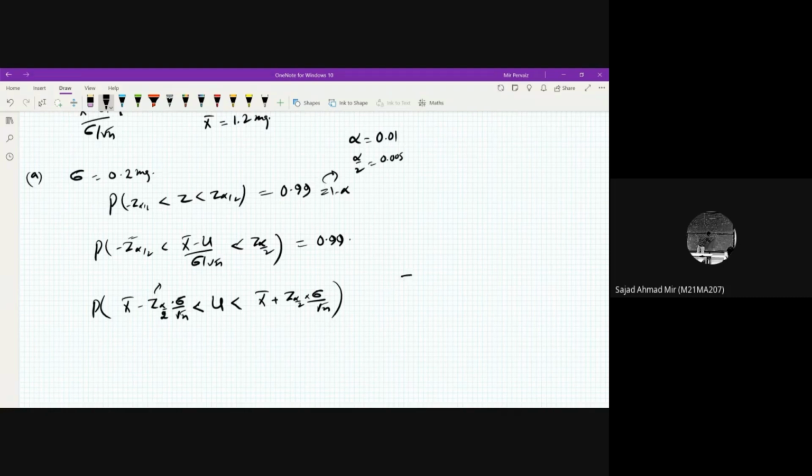Now z alpha by 2, which is z 0.005, I have already calculated. This is 2.576. And sigma by root n: what is sigma?